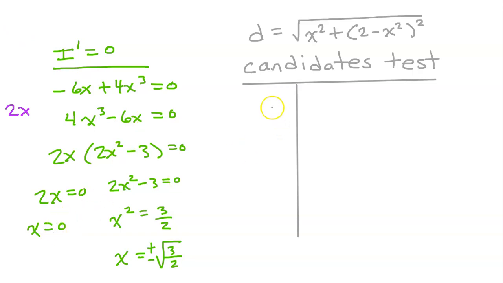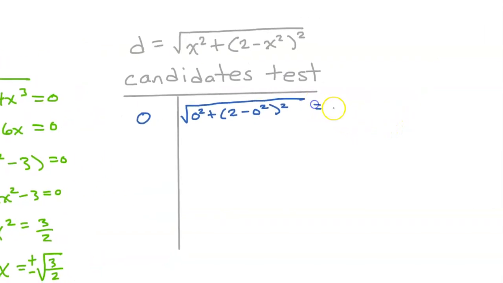Let's start with x equals 0. If we substitute that in, we will get the square root of 0 squared plus (2 minus 0 squared) squared. So the 0 squared, that's gone. This 0 squared over here is gone. So I have the square root of 2 is all that's left.